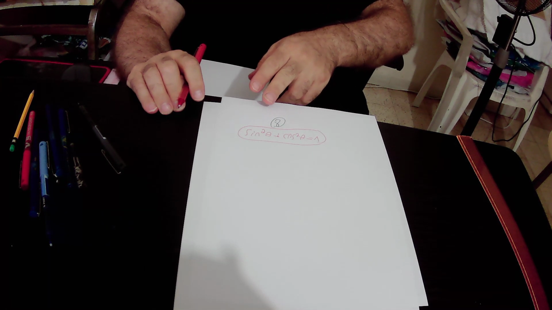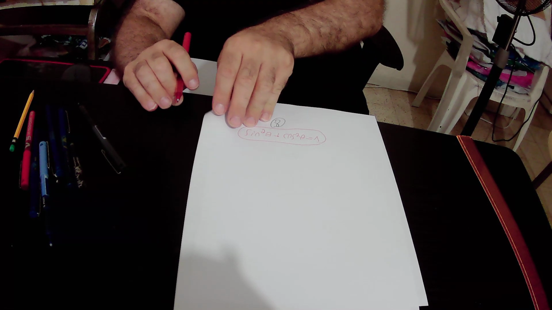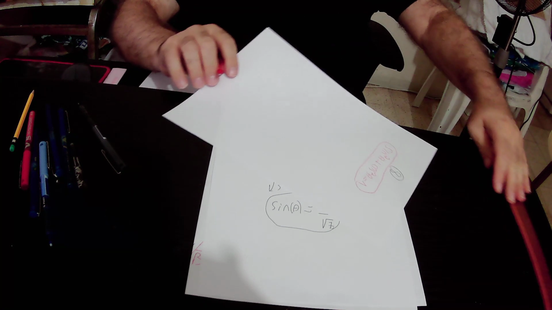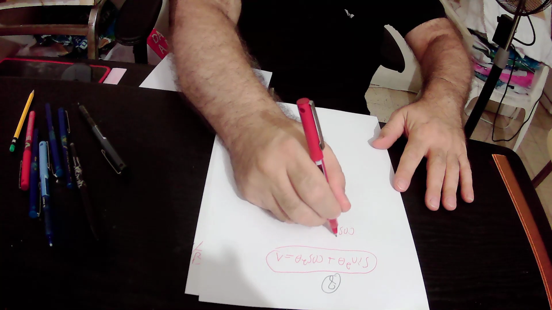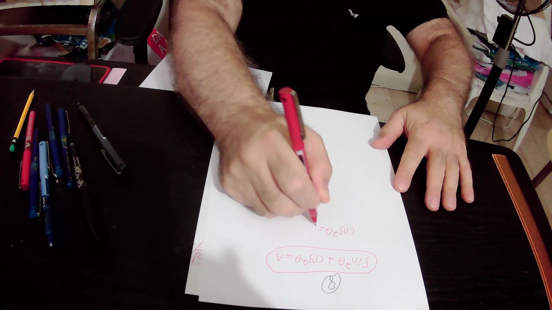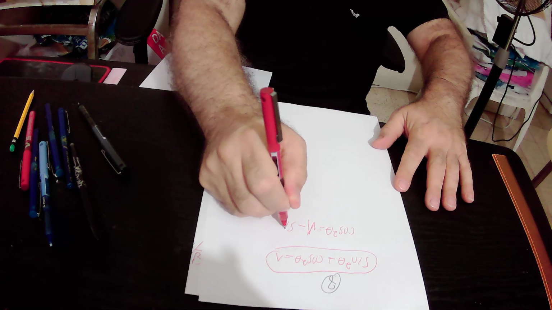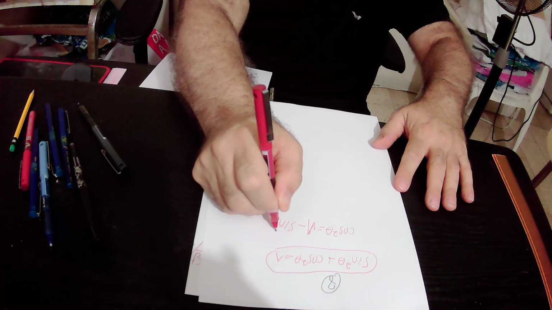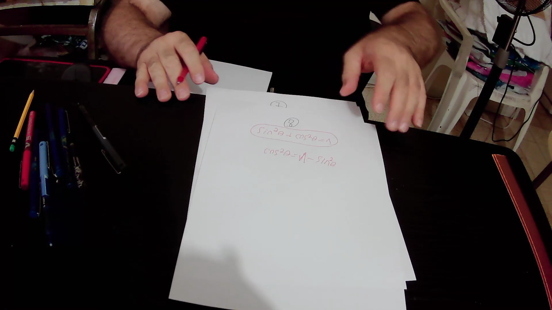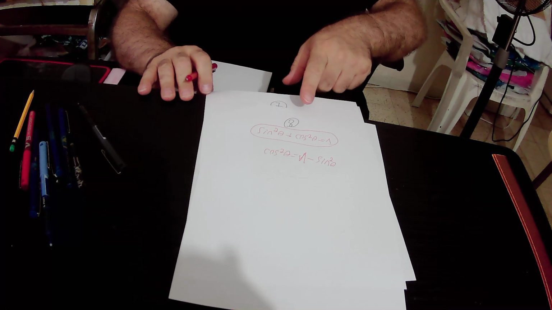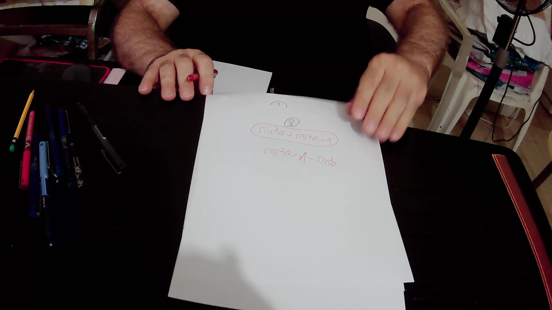Here we will subtract from this identity sinus theta squared, and we will get that the value of cosinus theta squared equals 1 minus sinus theta squared. Okay, we subtracted sinus theta squared from this equality, and we got that cosinus theta squared equals 1 minus sinus theta squared.